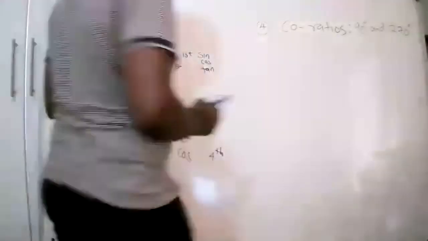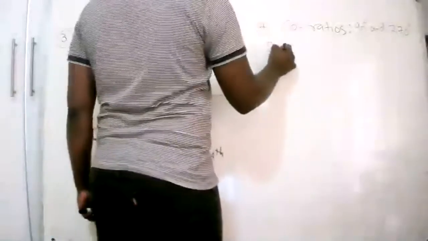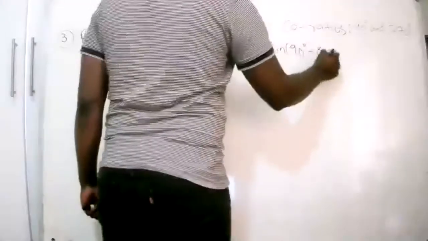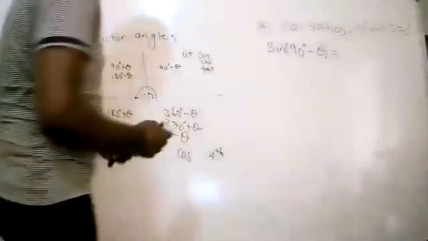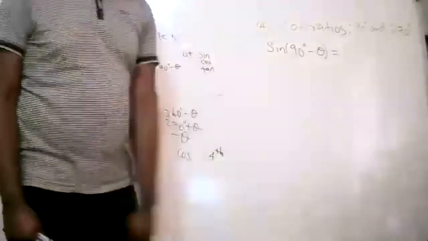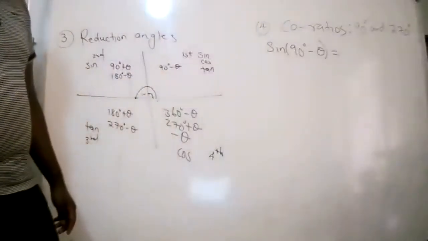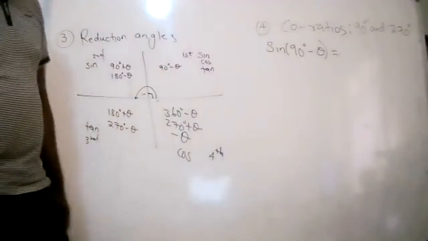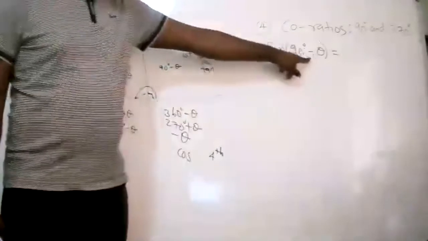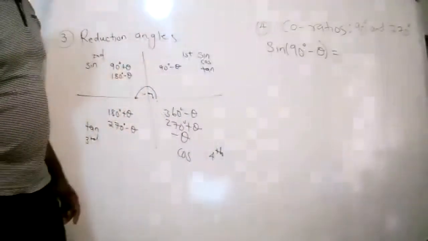So how do we find those core ratios? Let me do just a few examples here so that you see how we deal with core ratios and how we deal with reduction angles as well. Let's say we are given sine of 90 degree minus theta. How do we deal with it? We check on which quadrant we find 90 degrees minus a certain angle.